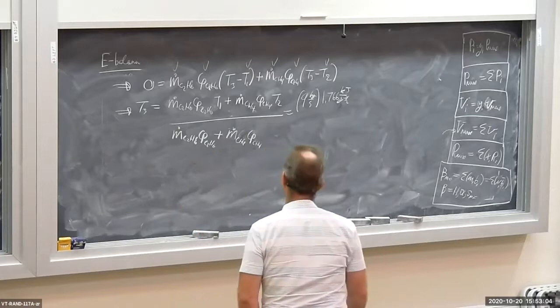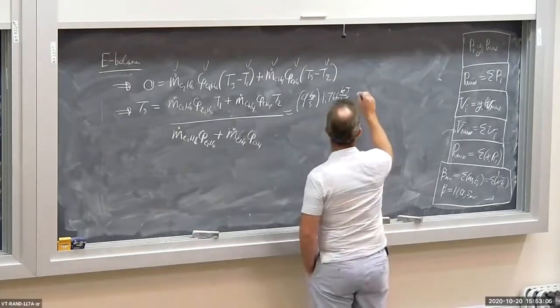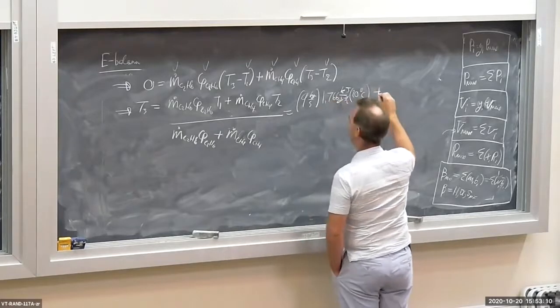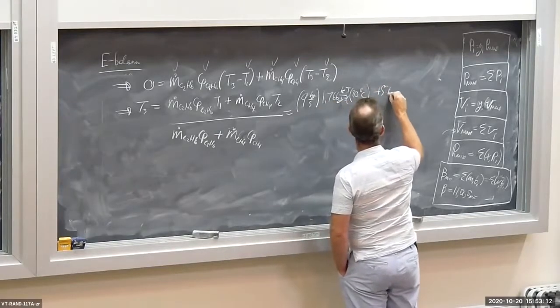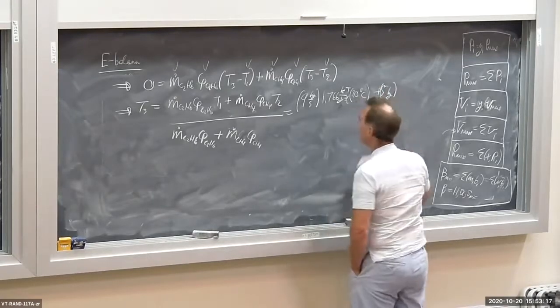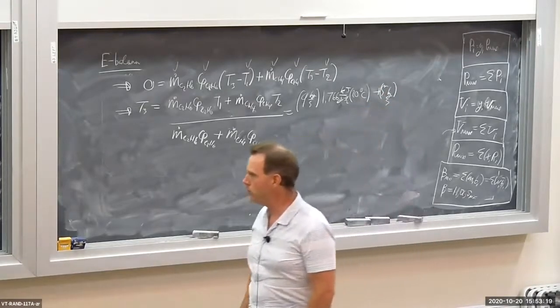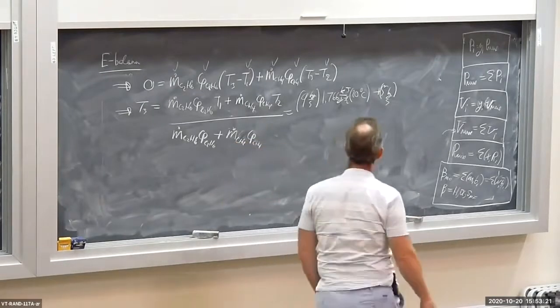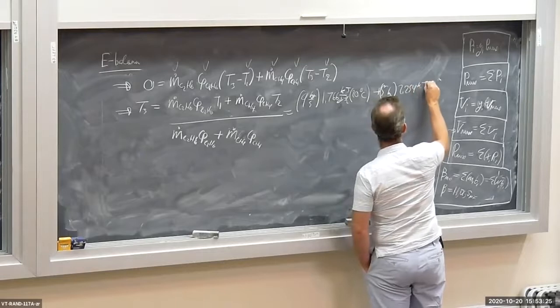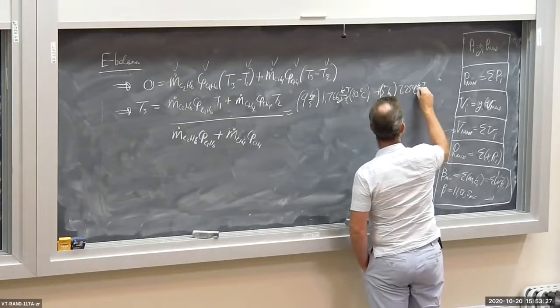I get 20 degrees C. And then I have 5 kilograms per second times 2.254 kilojoules per kilogram degree Kelvin.